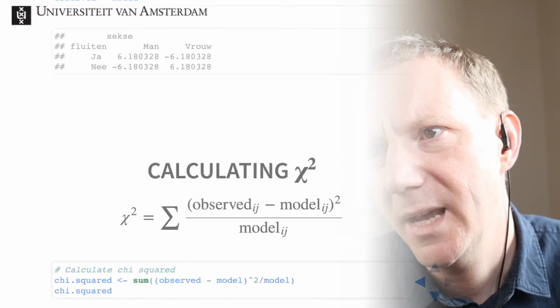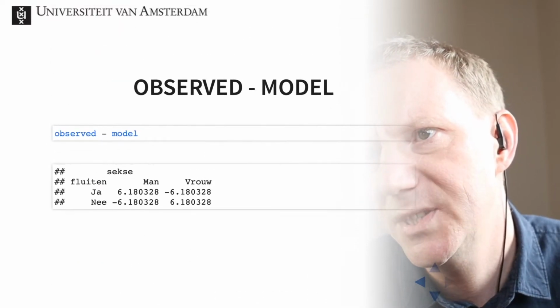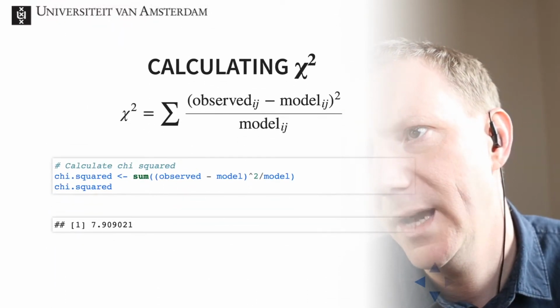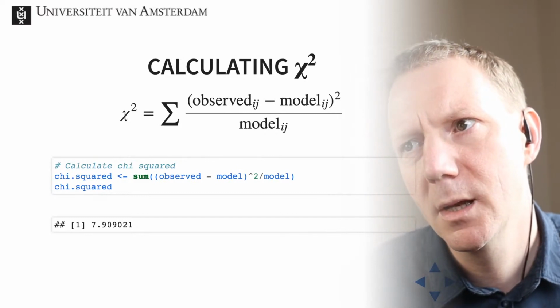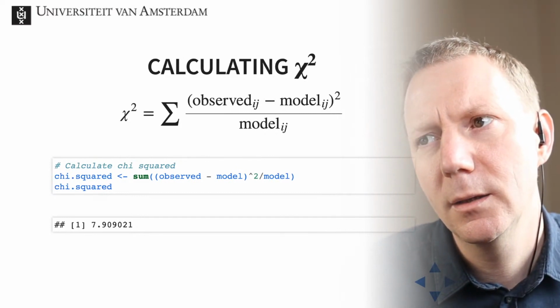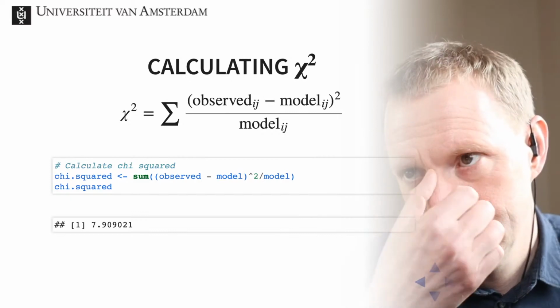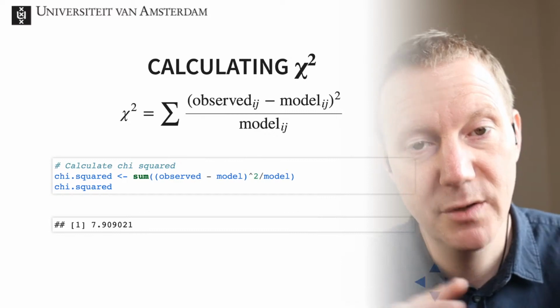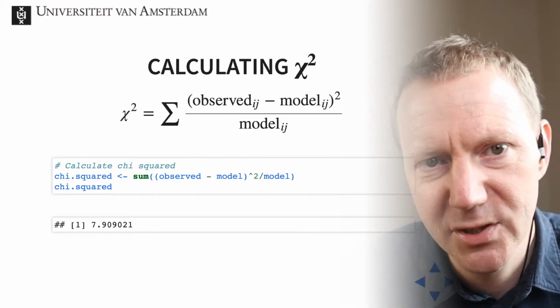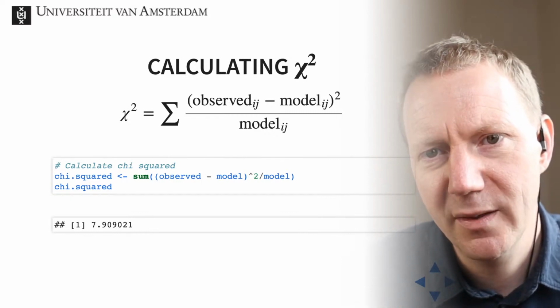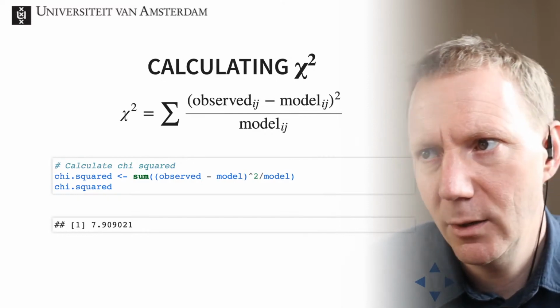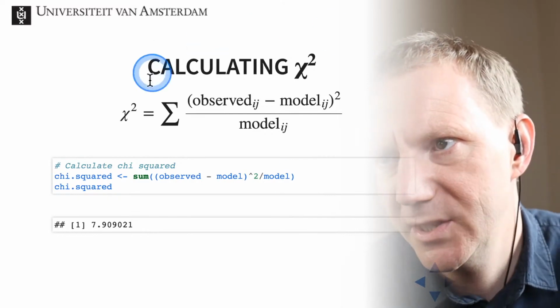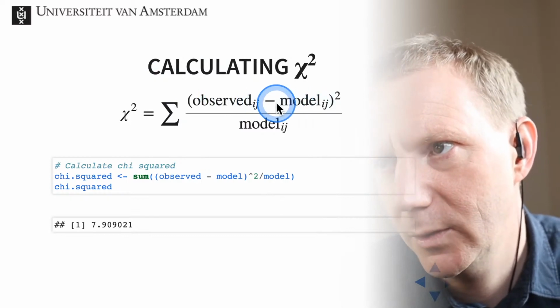So for the final step, what we're seeing is that we have to add this all together, essentially getting rid of the zeros if we sum it all up, just like we did with the sums of squares, with the method of least squares with the ANOVAs. So we're squaring the distance between what we observed and what the model is.